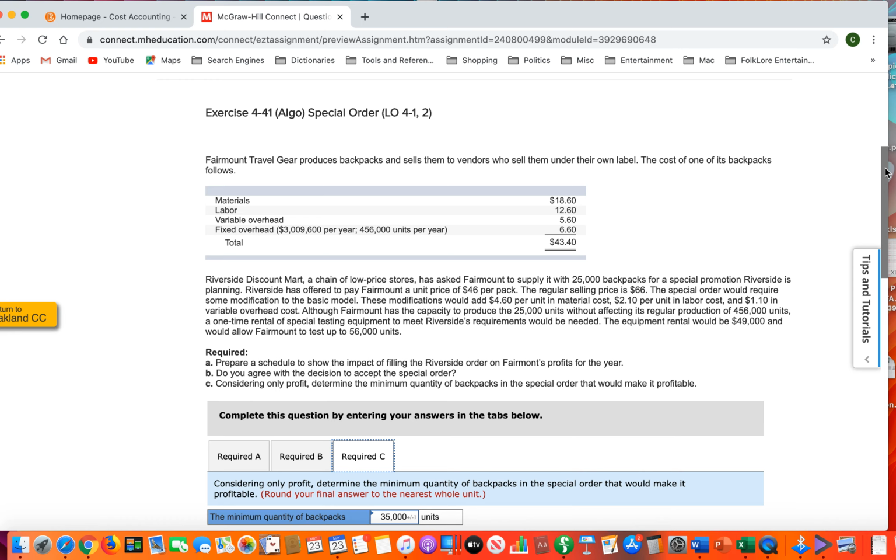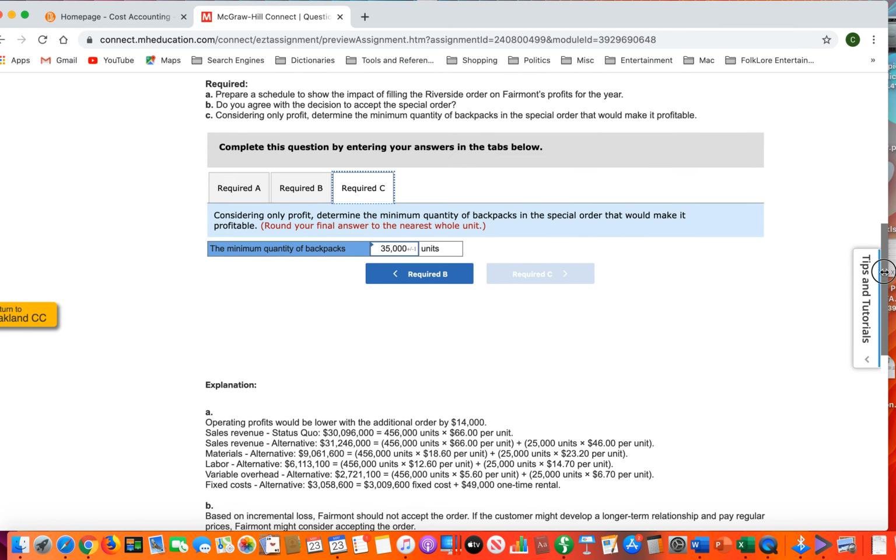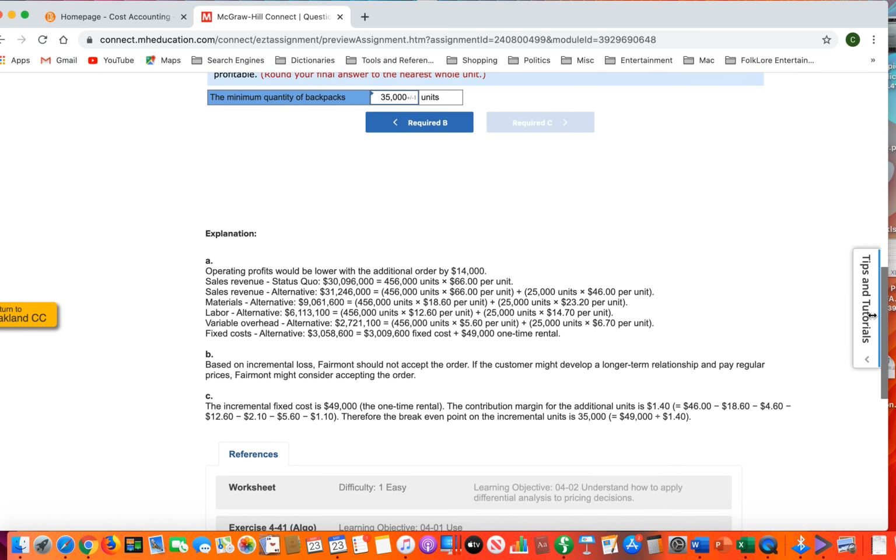At least they need to have an order of 35,000 units. At least that, if not more. And here's how they show you to do it. But remember the formula I said for break-even points in units? It is fixed cost divided by the contribution margin per unit. So the contribution margin was 35,000.